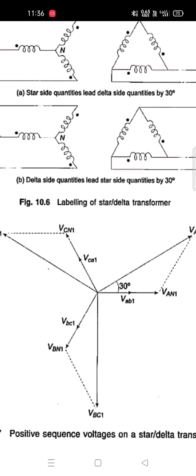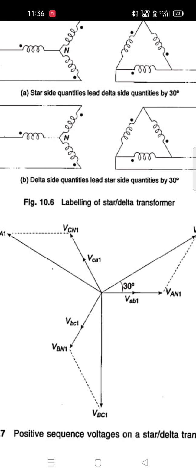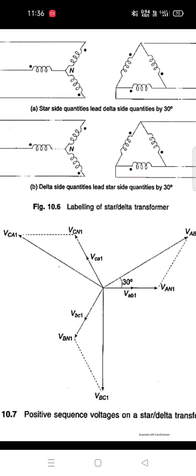So the positive sequence line voltages on the star side lead the corresponding voltages on the delta side by 30 degrees. The same also applies for line currents. If the delta side is connected as shown here in figure B, the phase shift reverses, so the delta side quantity now leads the star side quantity by 30 degrees.